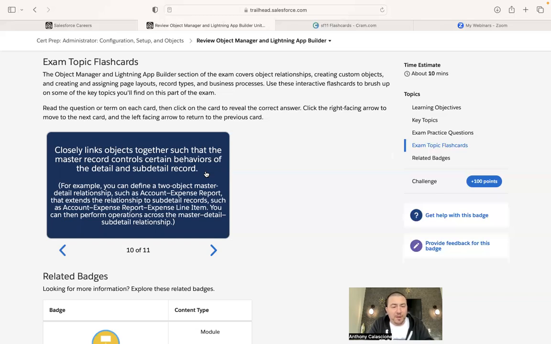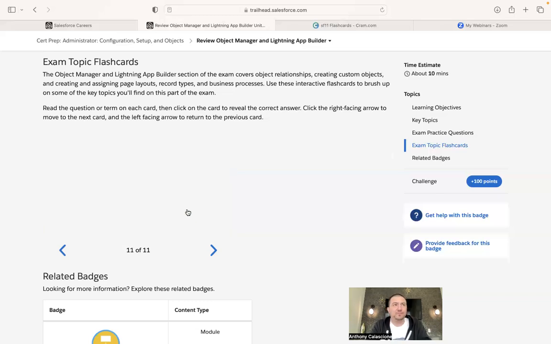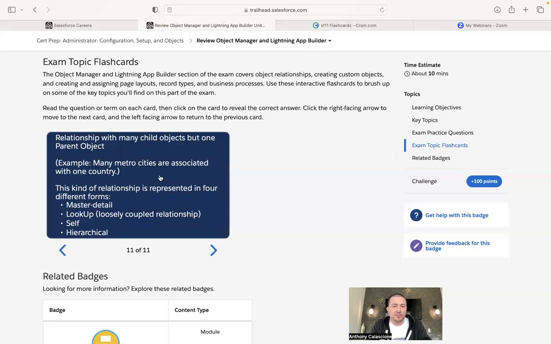You can then perform operations across the master detail subdetail relationship. One-to-many. Relationship with many child objects, but one parent object. Example, many metro cities are associated with one country. This kind of relationship is represented in 4 different forms: master detail, lookup, self, and hierarchical.